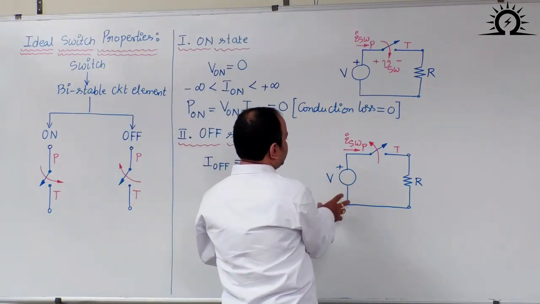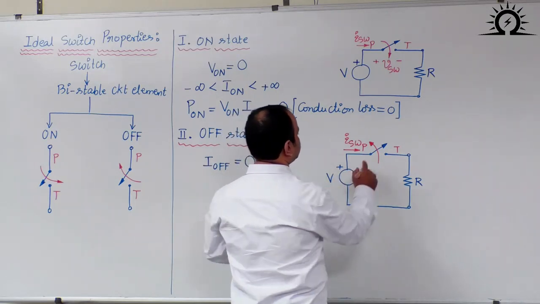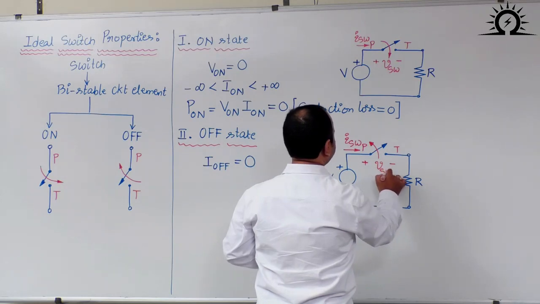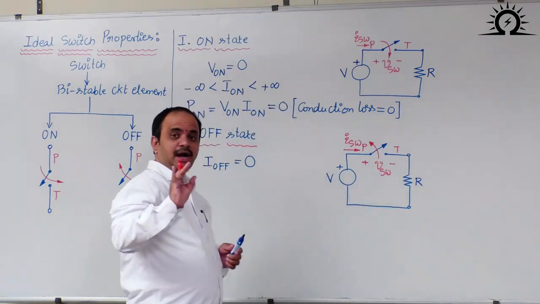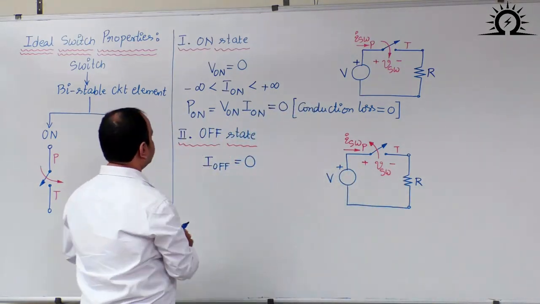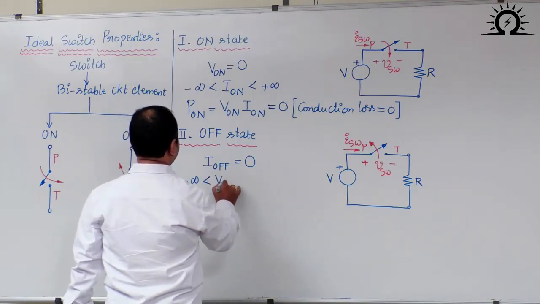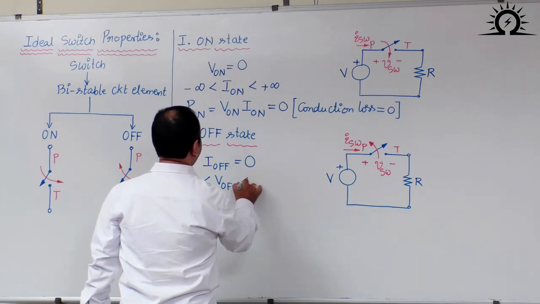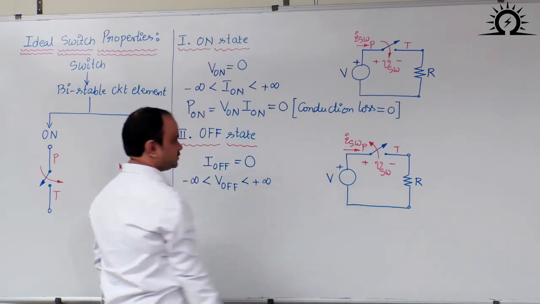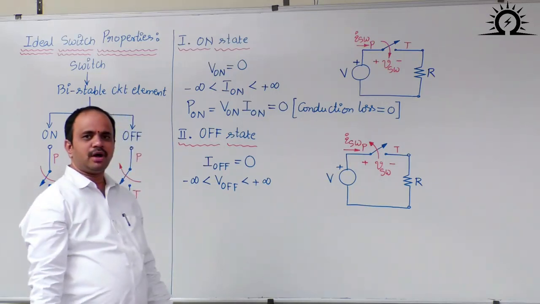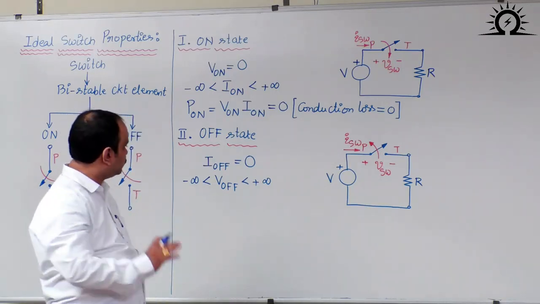But what will happen here? This entire source voltage will appear across the switch, right? Under ideal condition, the switch can block any amount of voltage.